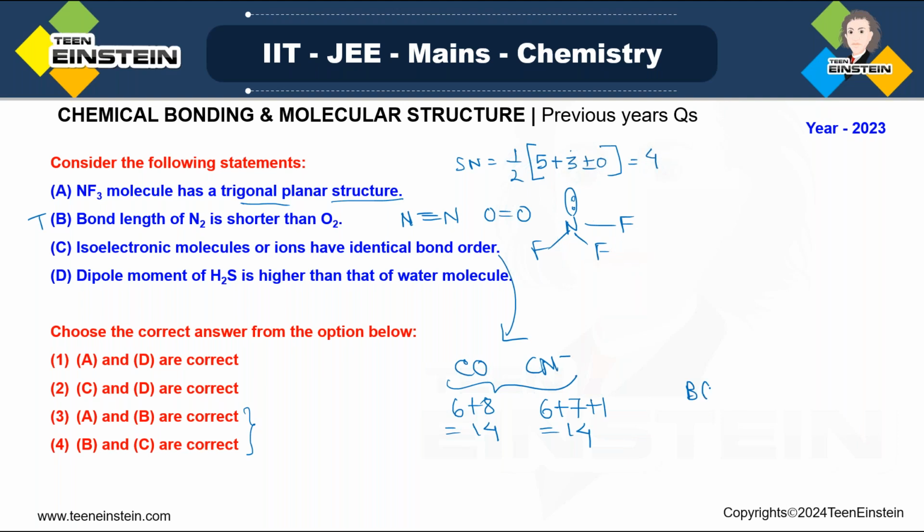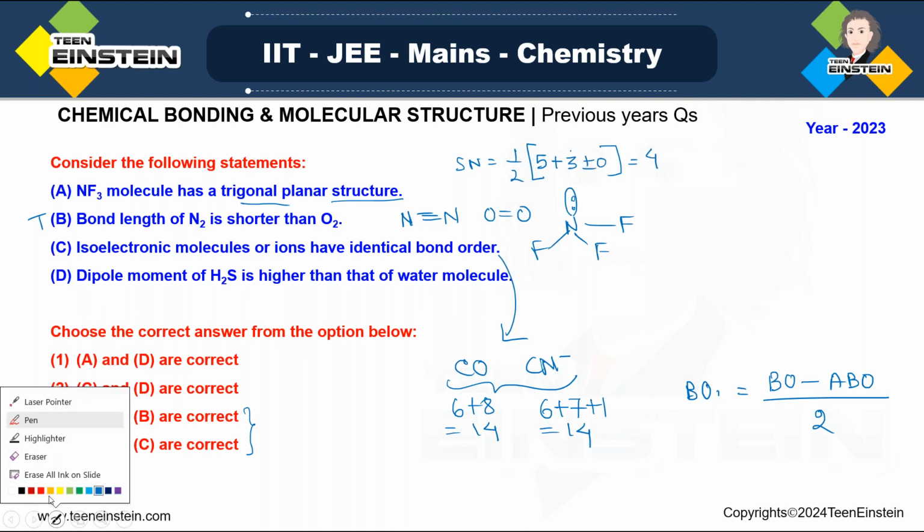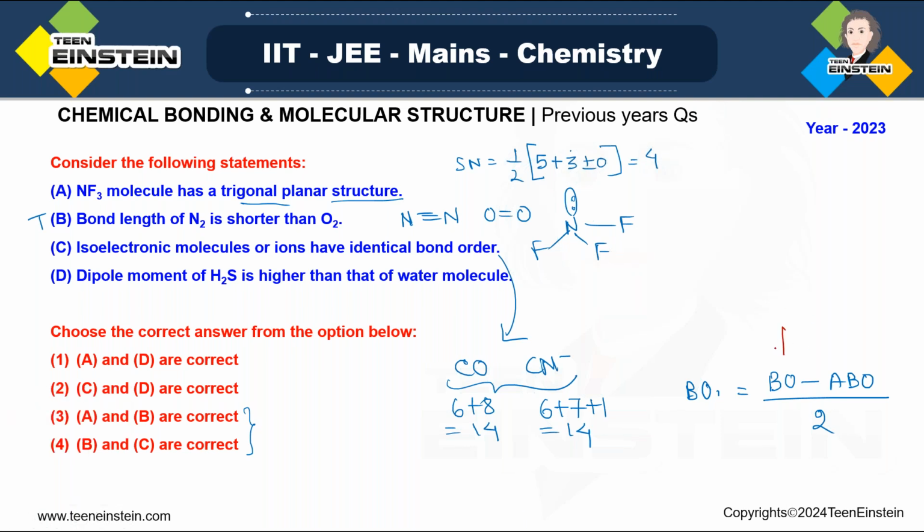Now, when we talk about bond order, it is the total number of electrons present in bonding orbitals, I'm writing it as bonding orbital, minus the total number of electrons in anti-bonding orbitals, divided by 2. Now, it is true that for isoelectronic molecules the bond order is the same, but it is not necessary that they will always have the same number of electrons individually in bonding and antibonding orbitals.